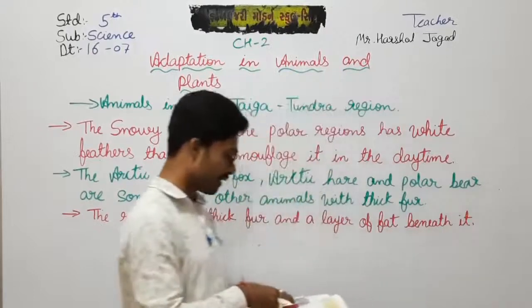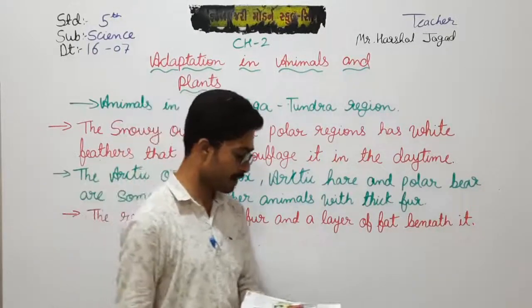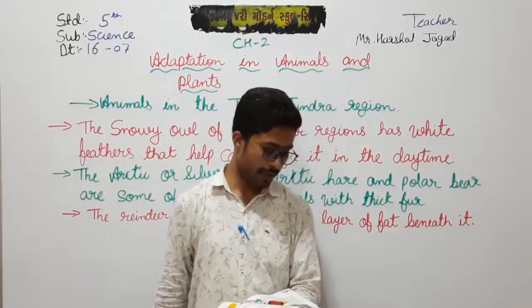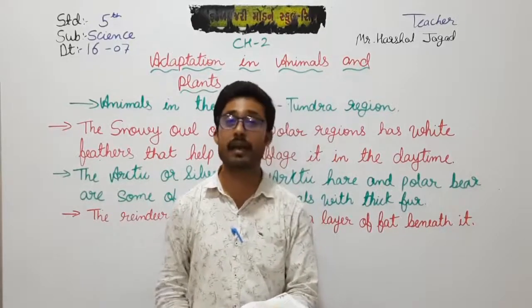Okay. Now, thirdly, the musk ox has super soft, extra warm underfur that keeps it warm in Arctic Canada.